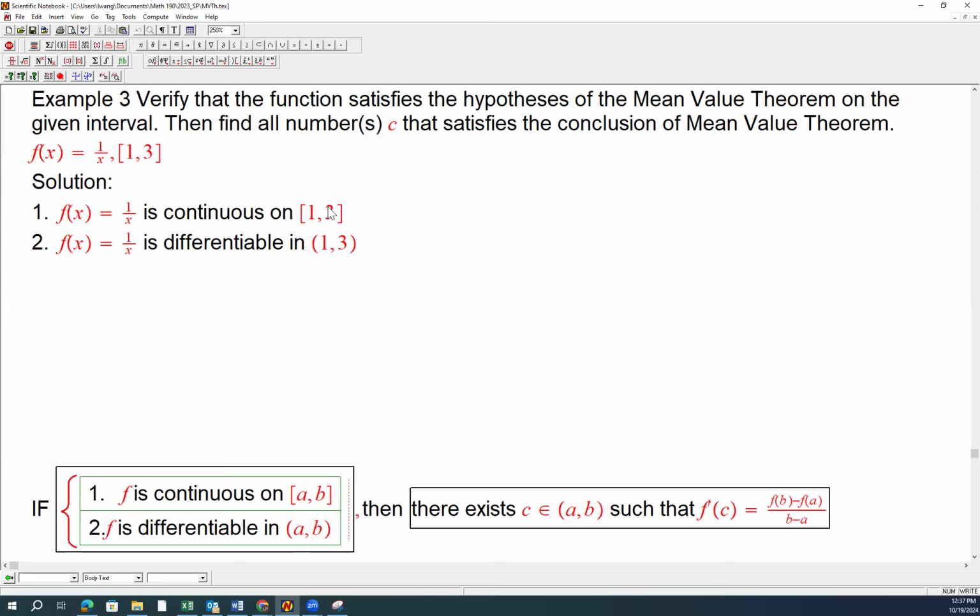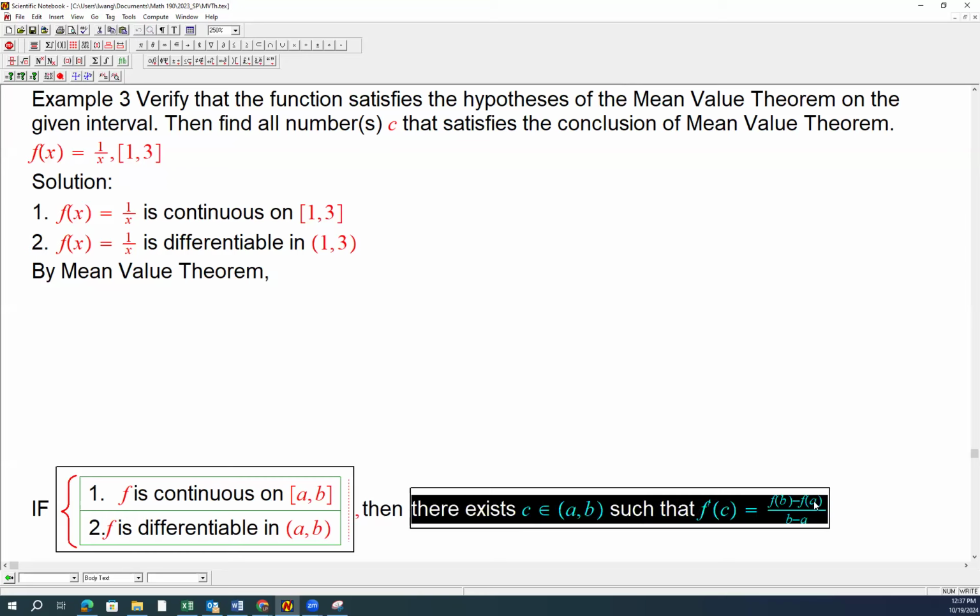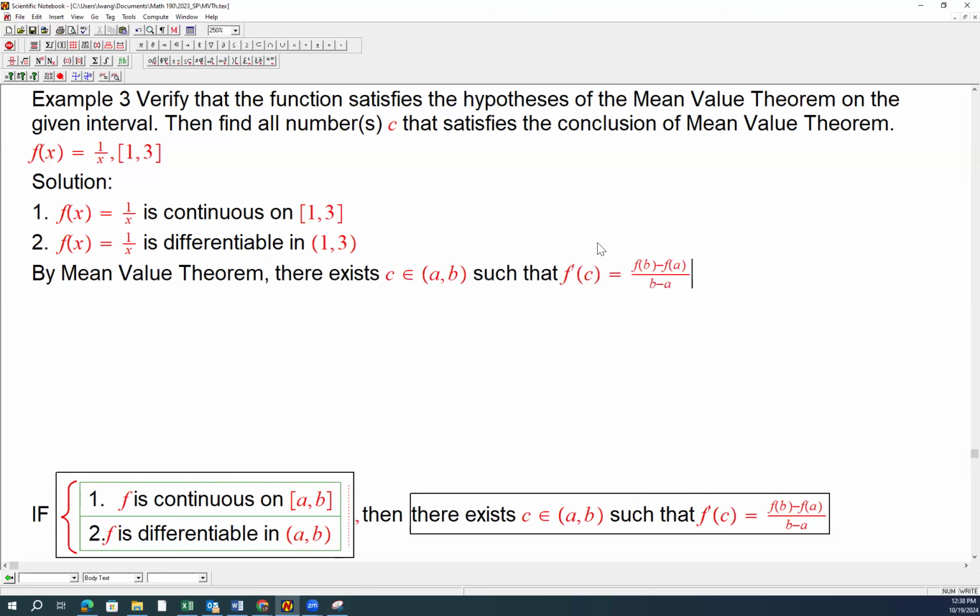Both conditions are satisfied. So by the mean value theorem, the mean value theorem applies, and we can just say there exist numbers C such that... it's really just a copy and paste.